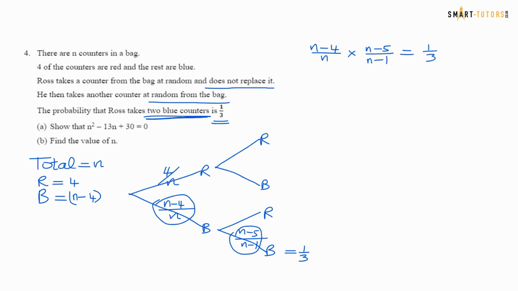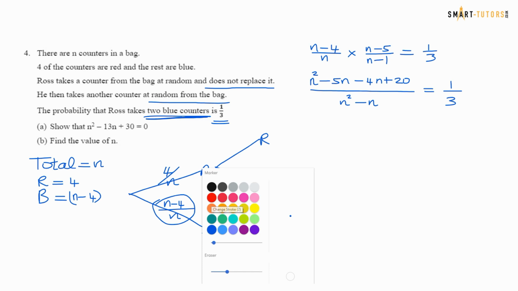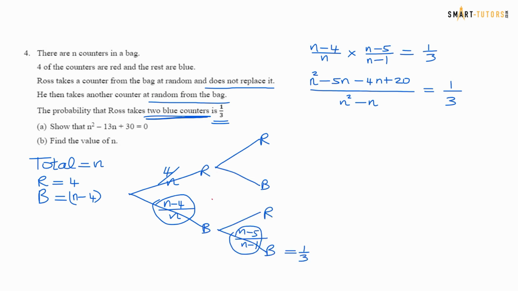So multiply the top to top. N minus 4 times n minus 5 is n squared minus 5n minus 4n plus 20 over n squared minus n equals 1 upon 3. Now you need to do a cross multiply, the same as I explained in the last question.